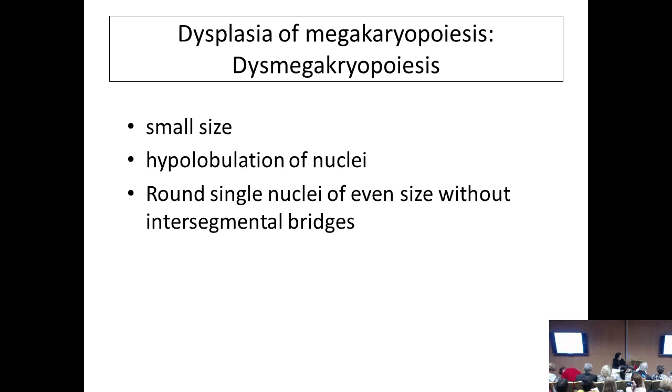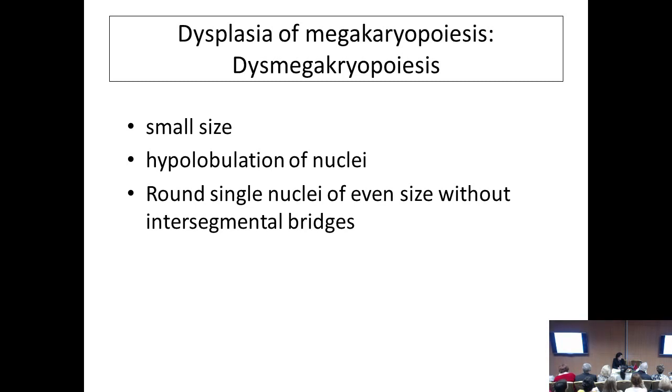Now, let's switch to the third lineage, and this is the thrombopoiesis, and there we can see these dysplastic megakaryocytes, and the dysplasia of megakaryocytes as a rule is easier to recognize in histology than in smears.